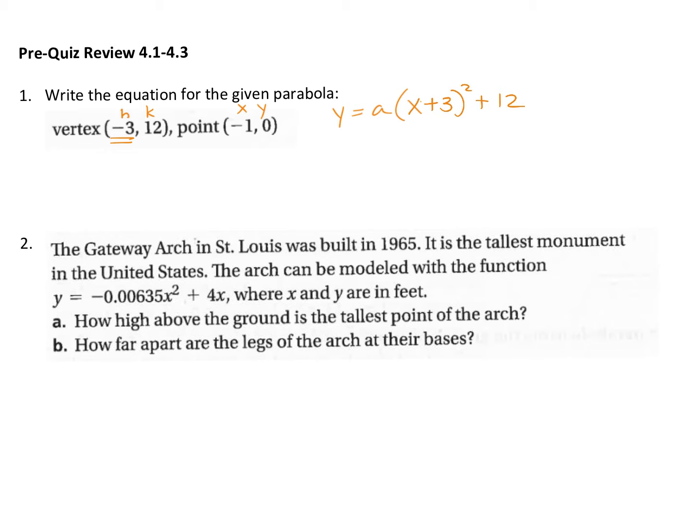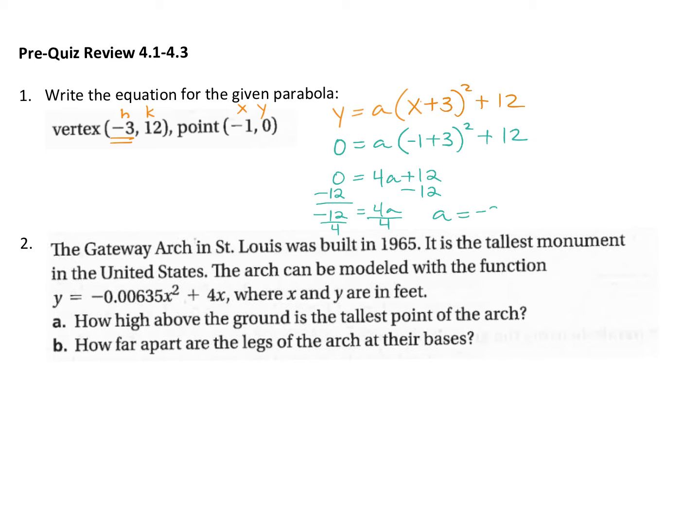So you would plug in 0 equals a times negative 1 plus 3 squared plus 12. So this is 2 squared is 4, so 4a plus 12 equals 0. Take away your 12 and then divide by 4.